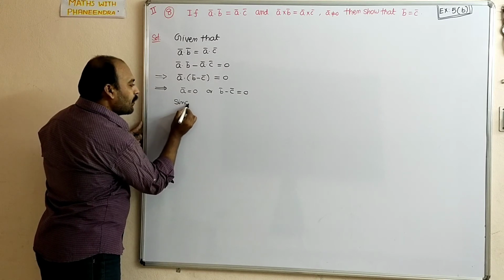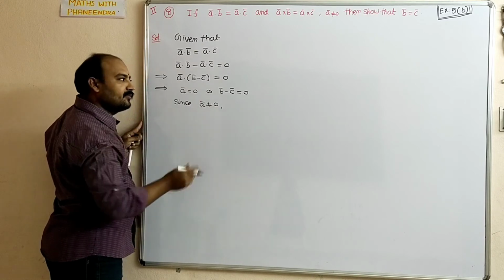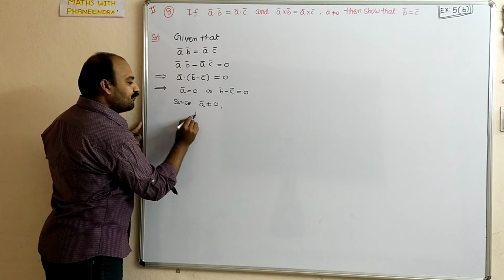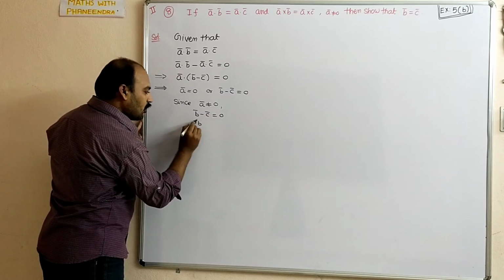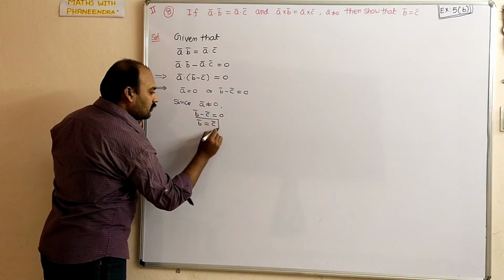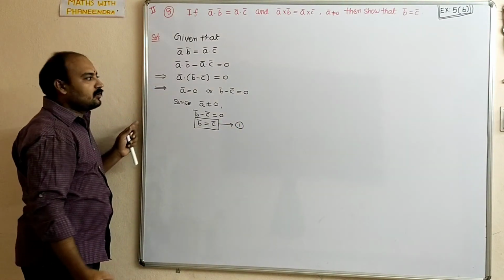Since a bar is not equal to 0, then obviously b bar minus c bar equal to 0. Therefore, b bar equal to c bar. Equation 1.